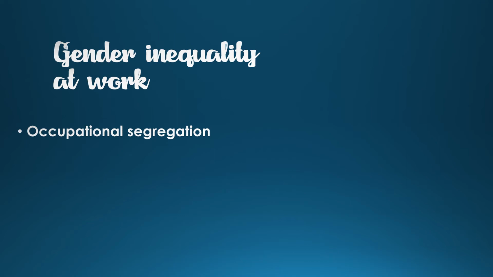And what is really problematic about occupational segregation is that there's an enduring pattern: when a job is dominated by women, it tends to have much lower pay and lower prestige. And when a job is dominated by men, it tends to have much higher prestige and much higher earnings.